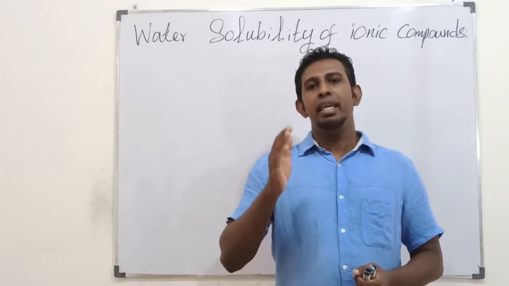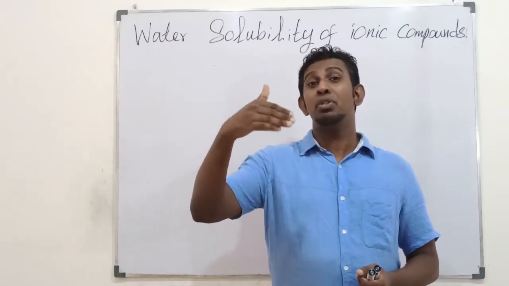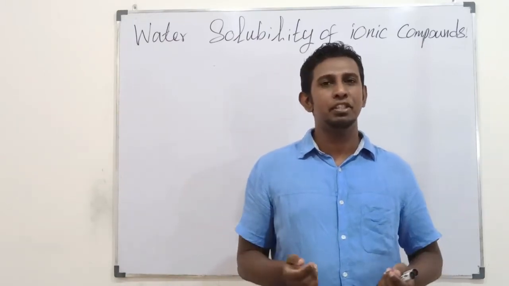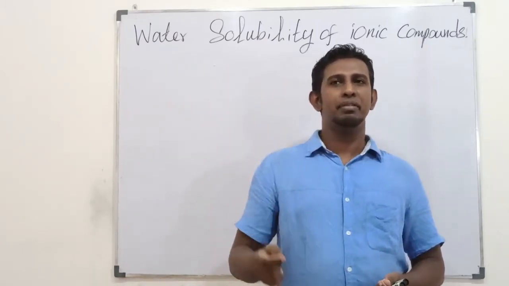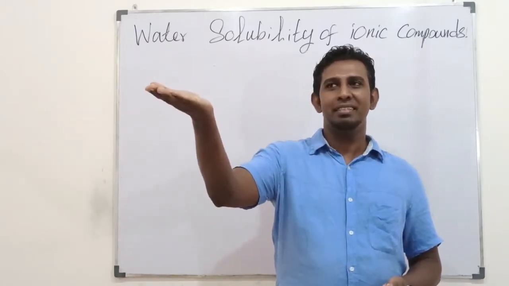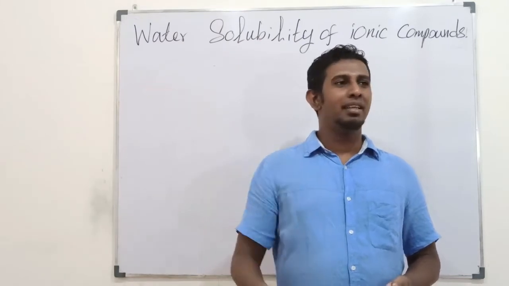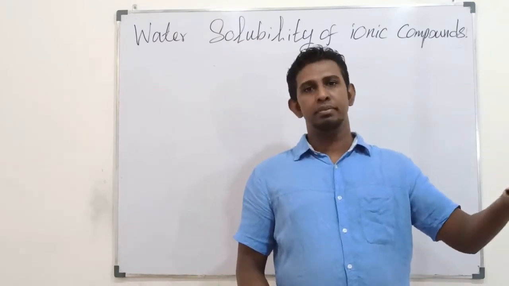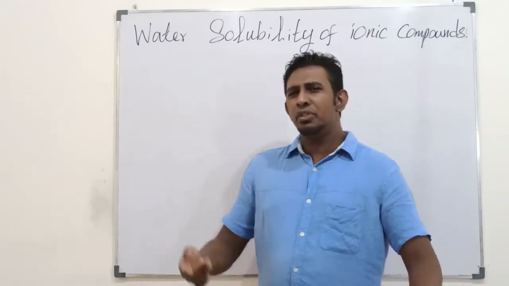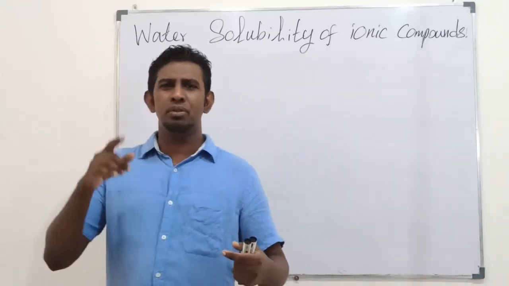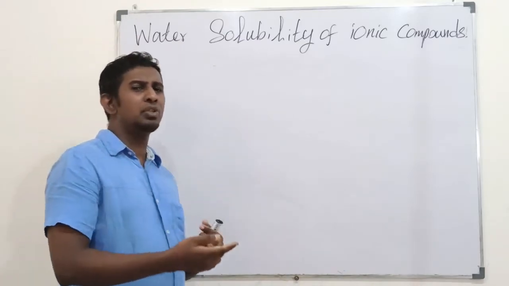Students, when you talk about the water solubility of those ionic substances, you could categorize them into three types: soluble, insoluble and sparingly soluble.